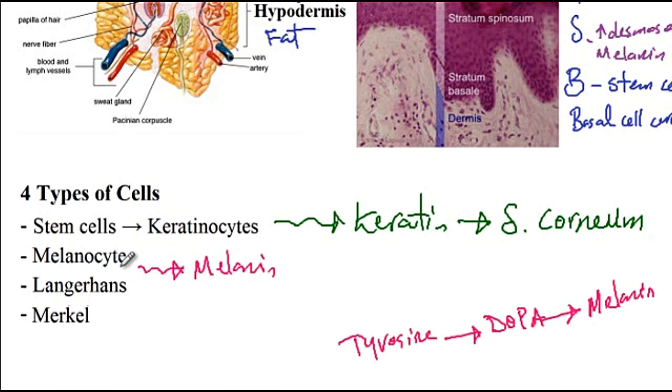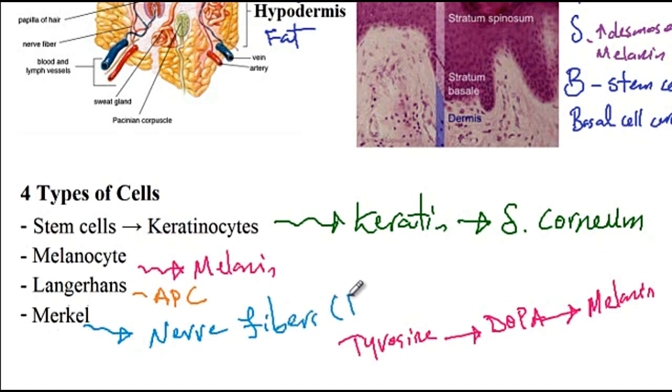So once again, melanocytes are derived from neural crest cells, and these cells produce melanin from tyrosine. The other form of cells that we have are Langerhans cells, which are the antigen presenting cells. And then finally, we have the Merkel cells, which are associated with the nerve fibers to help with position sensation.